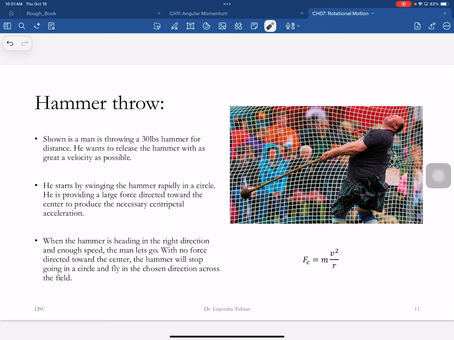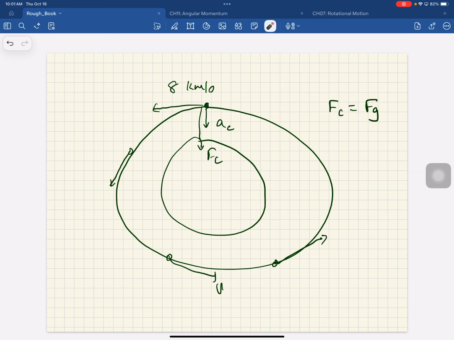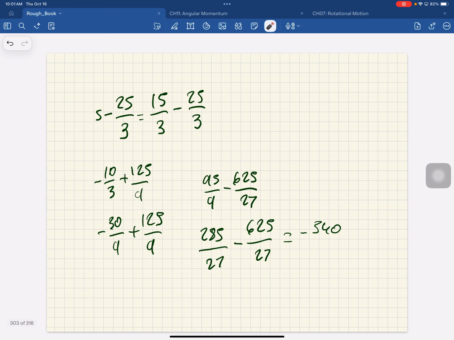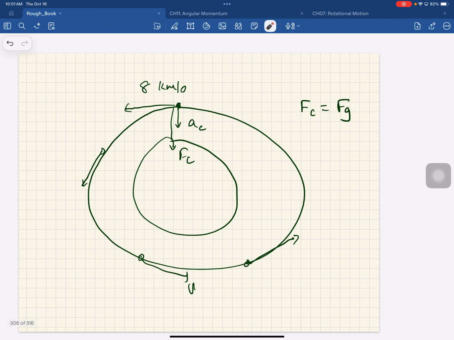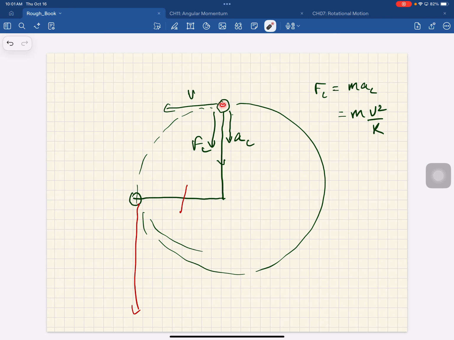So here's a competition where this guy swings this hammer around, and what wins? The guy who throws this the furthest. So let's go back to that string example. So here's the hammer being swung around.